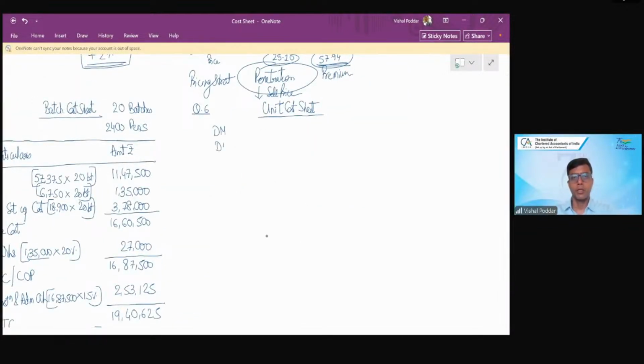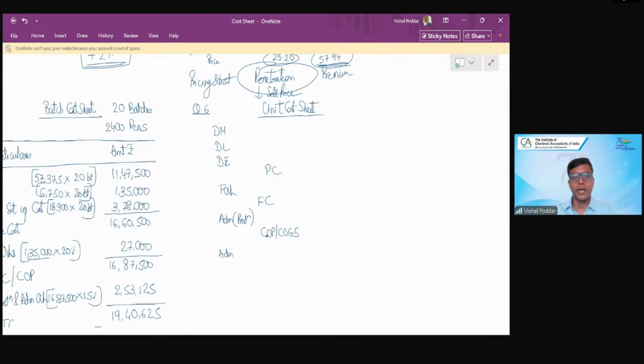So direct material, direct labor, direct expense, factory overheads. Again, there are no stocks, so I'm not including the stock details in the cost sheet, just to avoid complications. This is factory cost. Then administration related to production. This is my cost of production and cost of goods sold both, because there are no stocks.